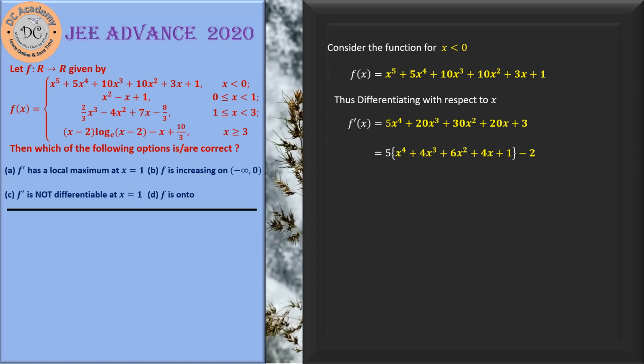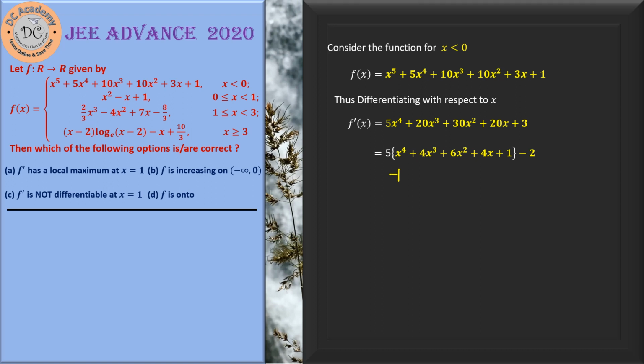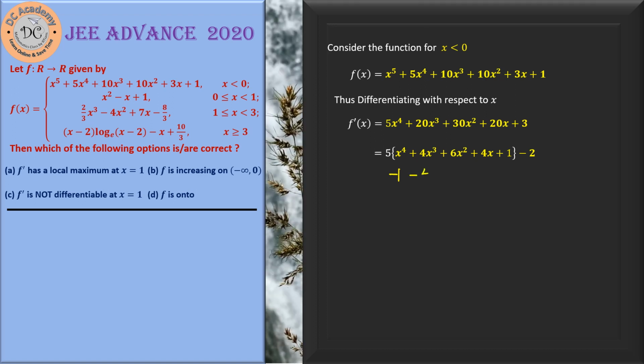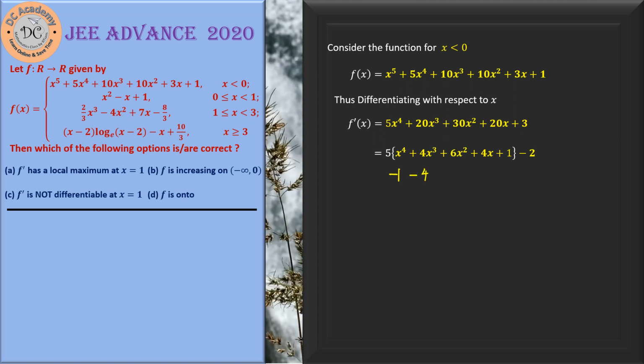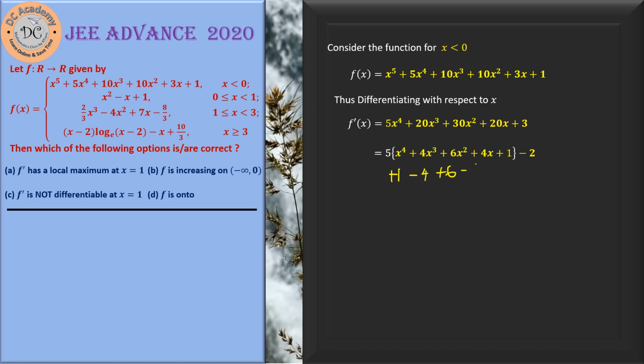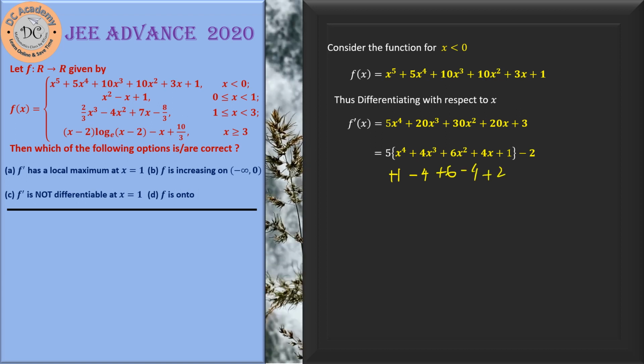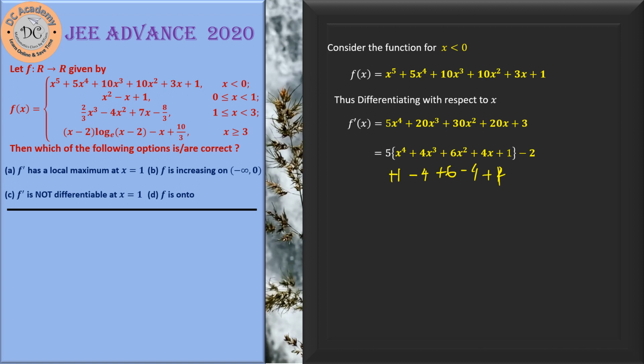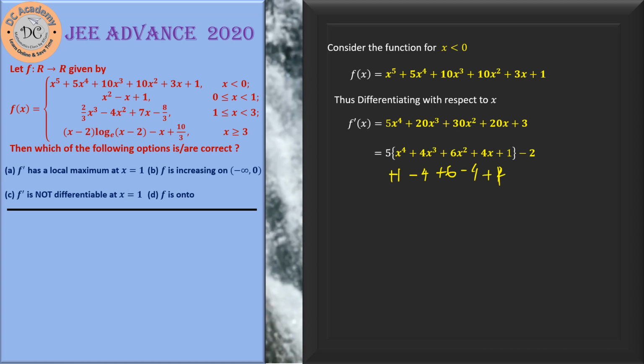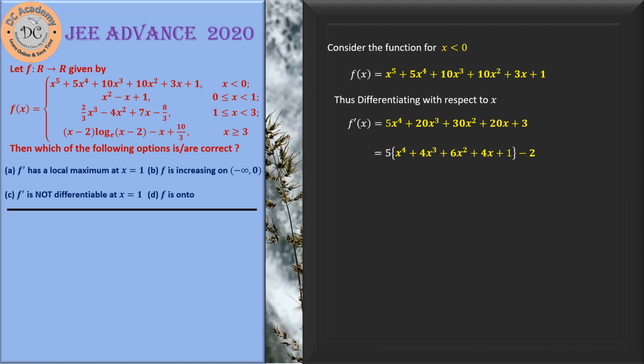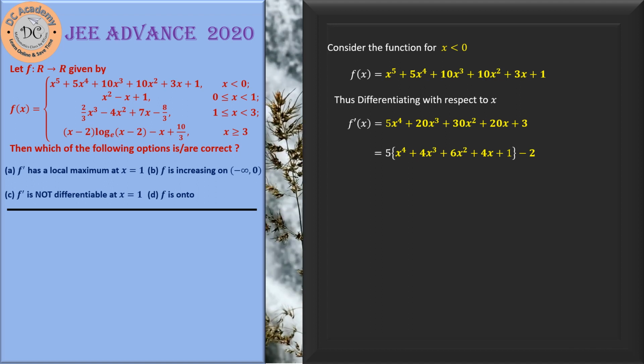But if I substitute x equal to minus 1, it will be plus 1 minus 4 plus 6 minus 4 plus 1, which gives you 0. Therefore x plus 1 is a factor.